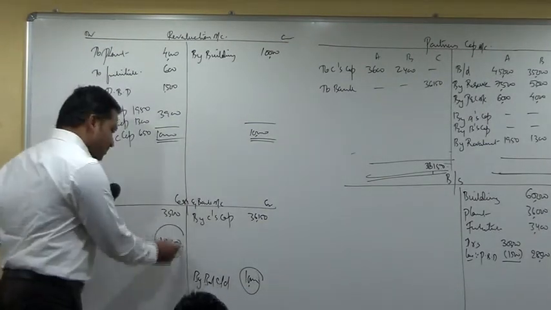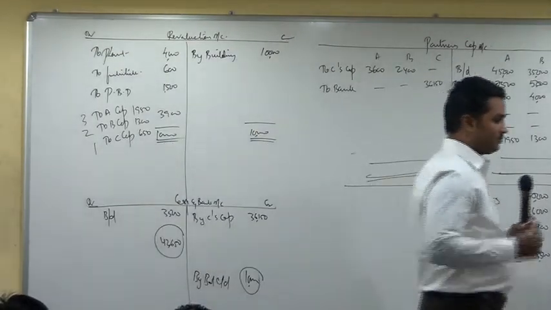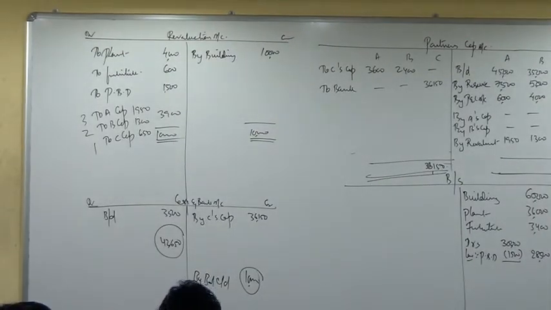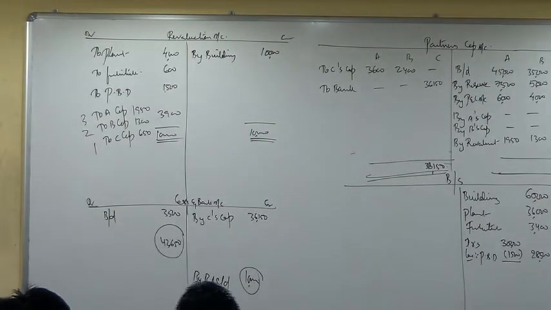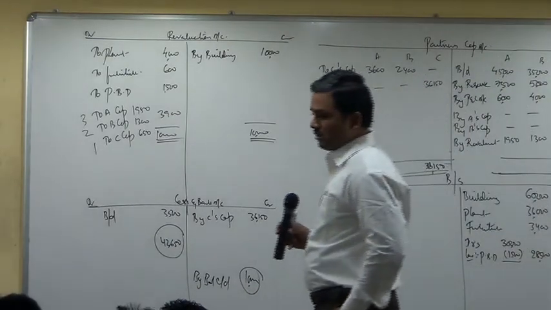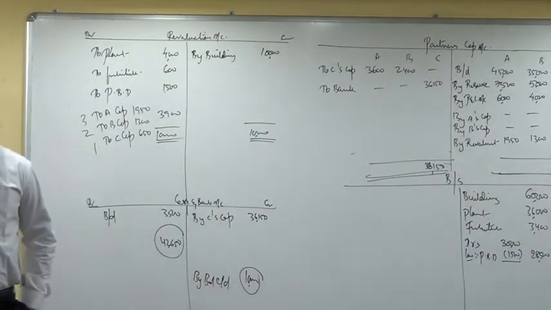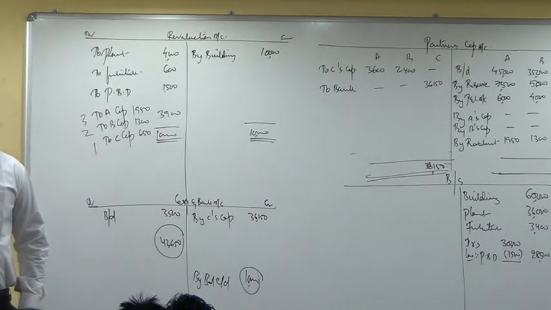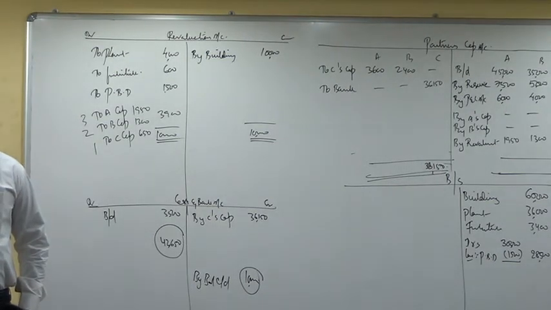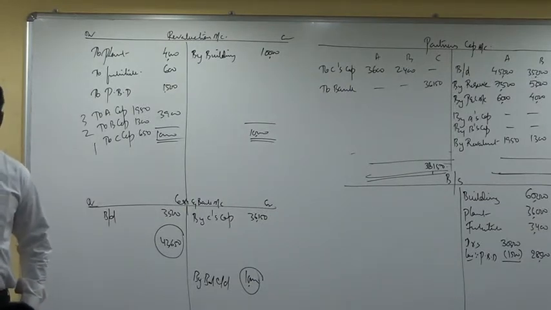Partners have decided to bring the shortfall in their profit sharing ratio. So go to the working note. Write down: cash required for payments 36,150.